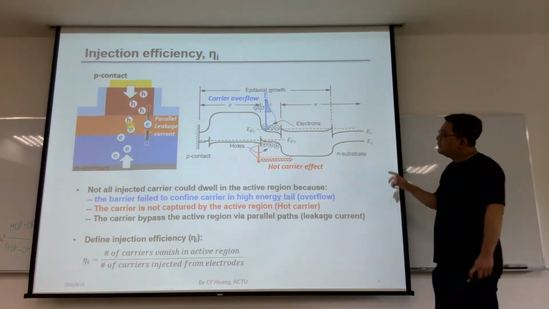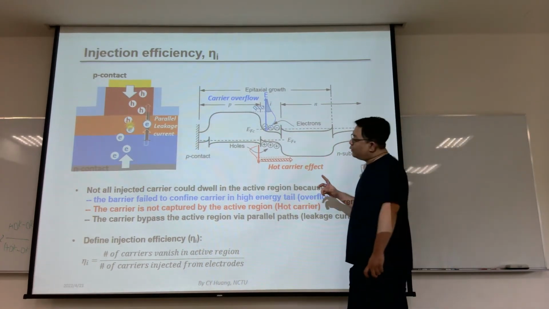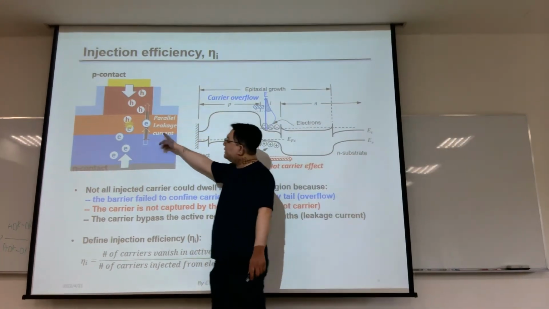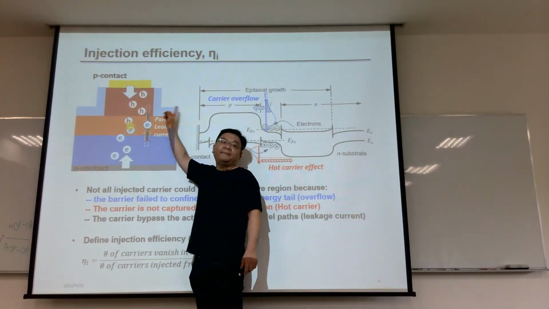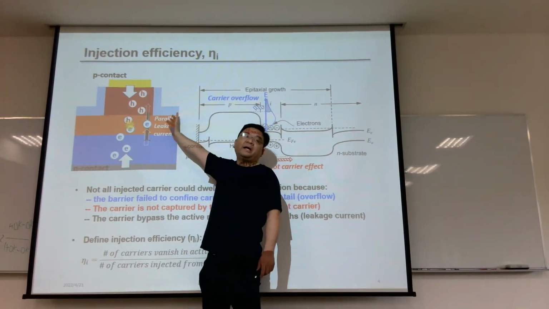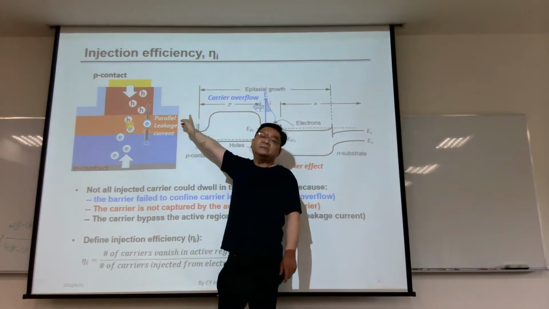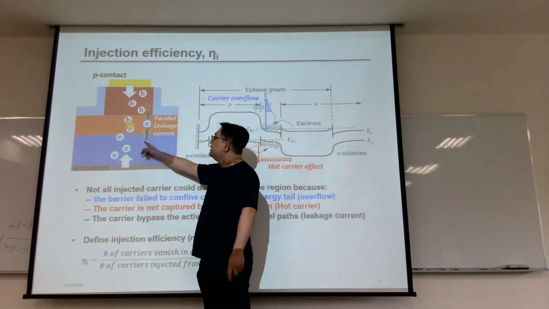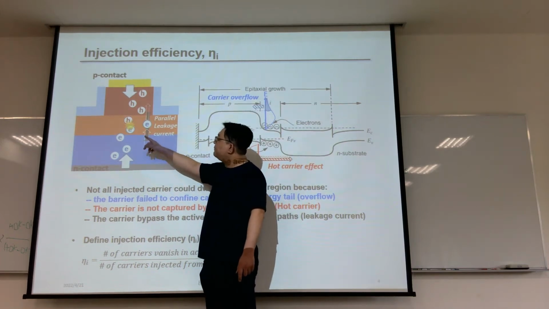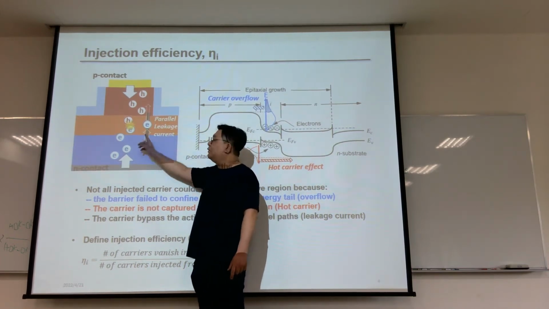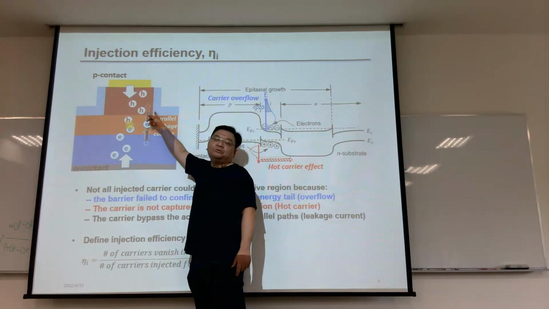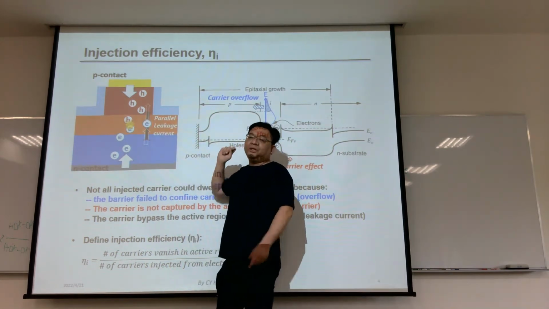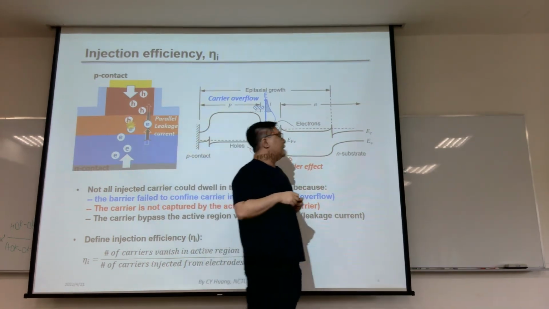There's another way to lose carriers: you might have some local defect. For example, you might have a leaky path with metal inside, or a screw dislocation. The carrier might choose to leave or just pass the active region without really getting into it.